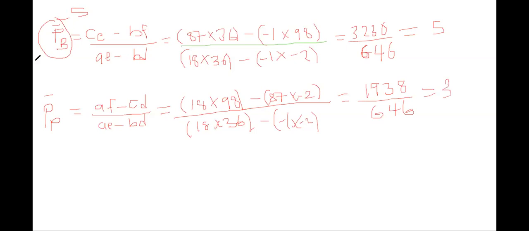So now we have finished calculating our first question. It asks us to find the equilibrium price for both beef and pork, which we know. So the next step is to calculate what?